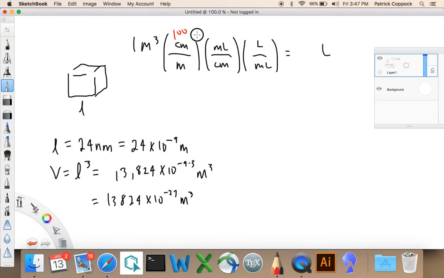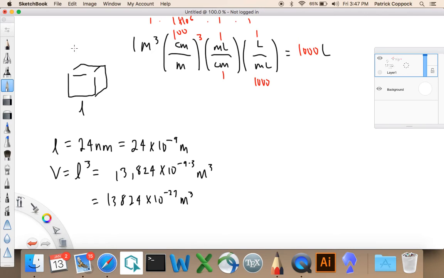Oh, but this has to be cubed. Sorry, that's cubic meters, so I've got to cube it. And this is a 1 to 1, and this is a 1 to 1,000. Okay, so 100 cubed is a million, 1 times 10 to the 6, times 1 times 1 times 1 divided by 1,000 gives me 1,000 liters.